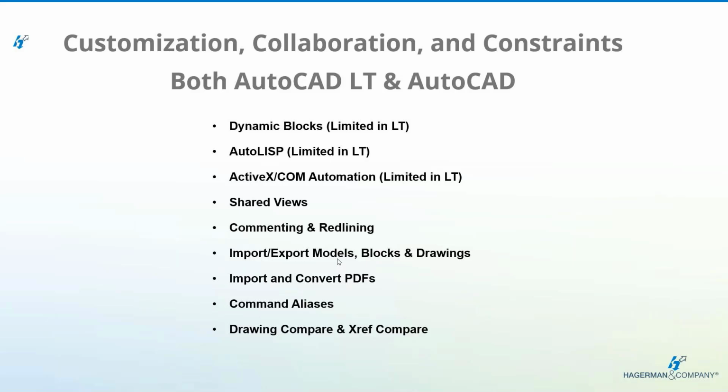Basically, command aliases are like you type L for line, C for circle, P for polyline, whatever you set up for single or two character keystrokes to execute a command. So you can do that. The Express Tools alias editor can only be used in AutoCAD, but the regular pigpen PGP file you can use in both LT and AutoCAD.